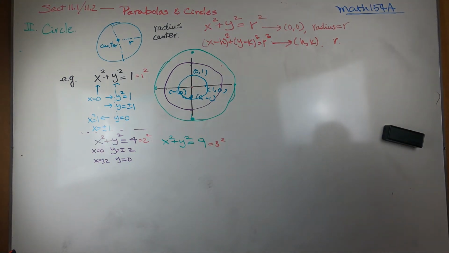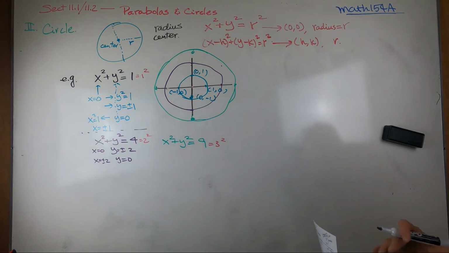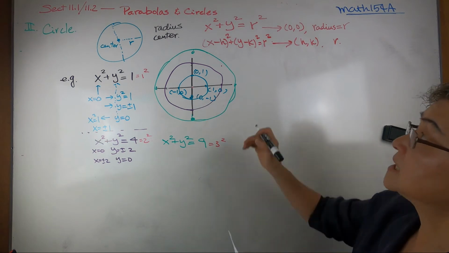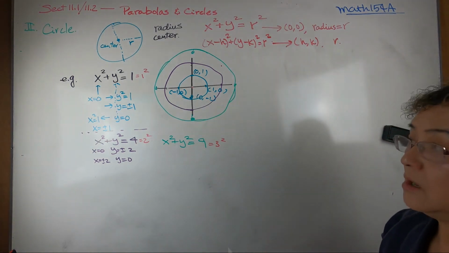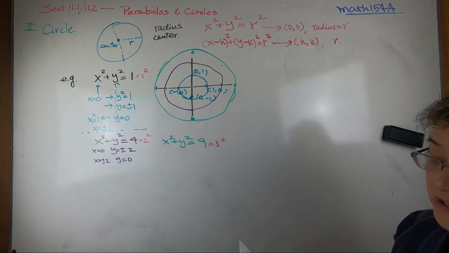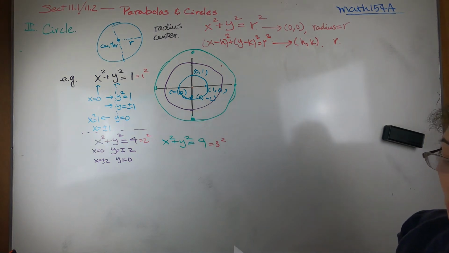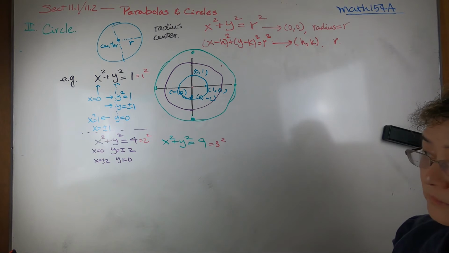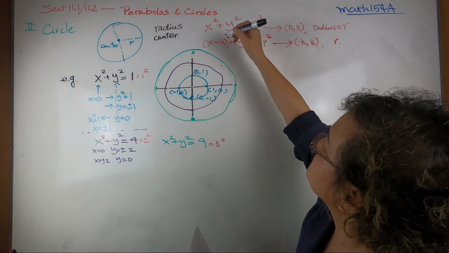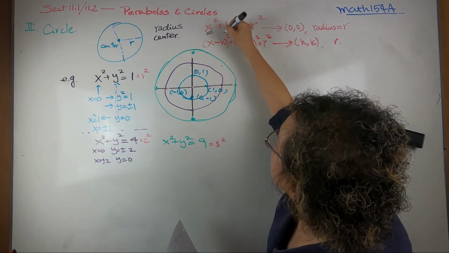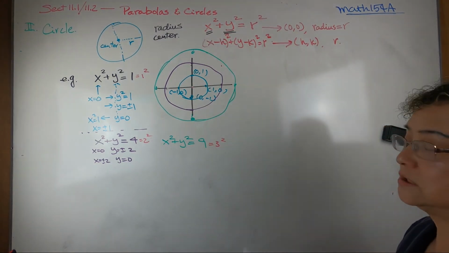That's just a brief explanation, the visualized part of it. That's how you look at the circle. So if it's a circle, we need to have something squared, something squared.